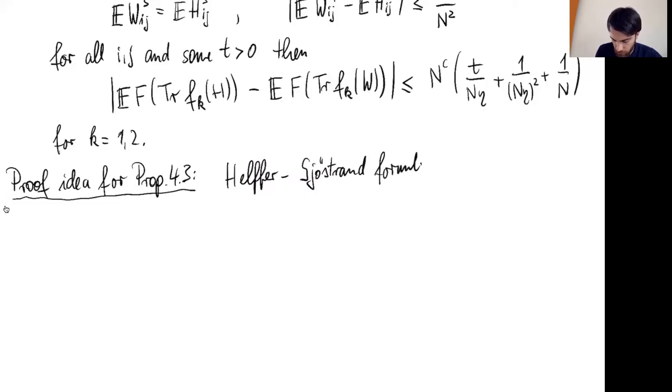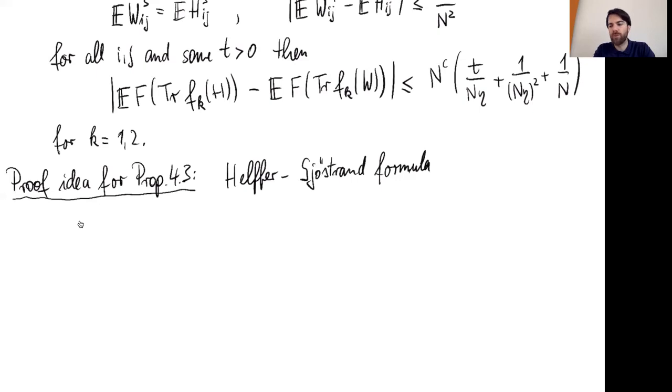This one we used in the proof when we transformed information about the local semicircle law to information about the eigenvalue counting function, so how many eigenvalues lie in a small interval.